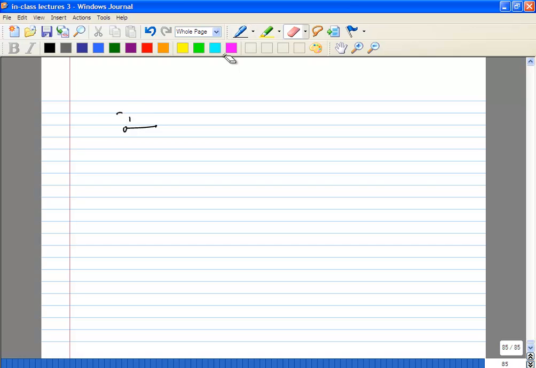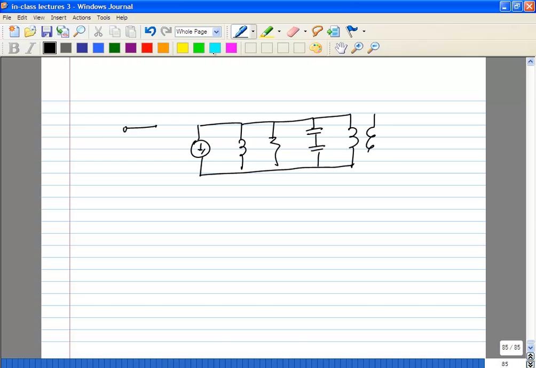So you can again redraw the equivalent circuit.